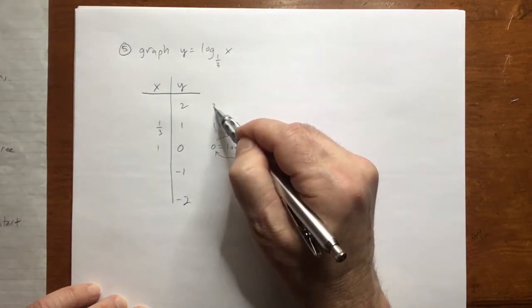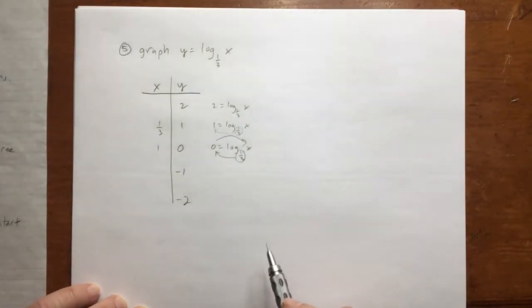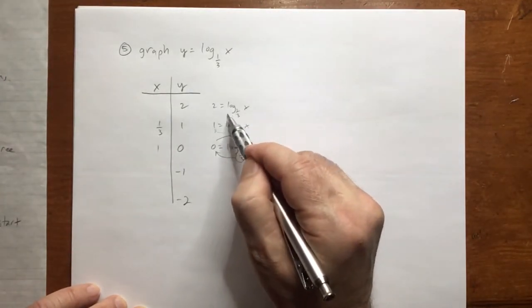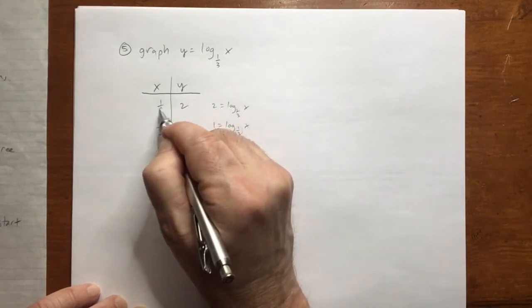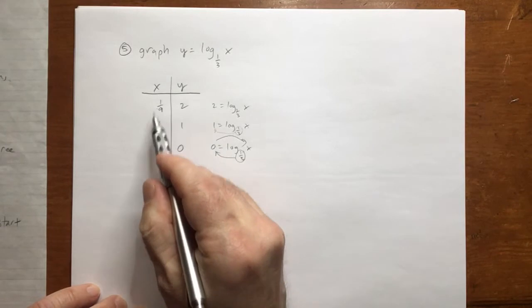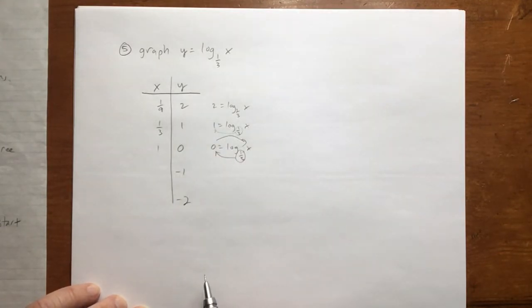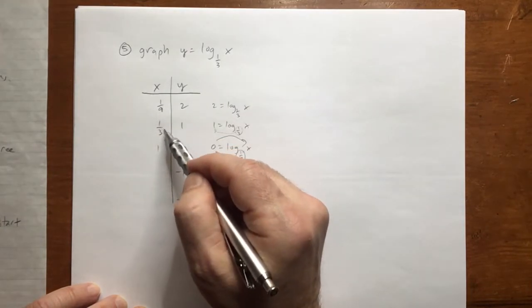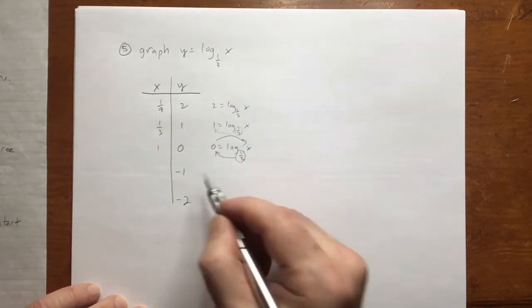Okay, here, and I think I'm seeing the pattern. Here I have 1/3 squared, which is 1/9. So it looks like I'm multiplying by 1/3 as I increase the y value. That means as I go this way, I must be dividing by 1/3, which means also multiplying by 3. And let's see if that continues.